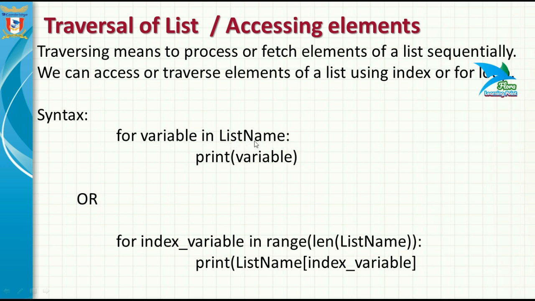Presently we are working with a list, so here you have to specify the list name. This loop will automatically execute according to the number of elements available inside that list. Every time this loop executes, the next element of that list will be stored into this variable, and you can use that variable to print or anywhere you want.